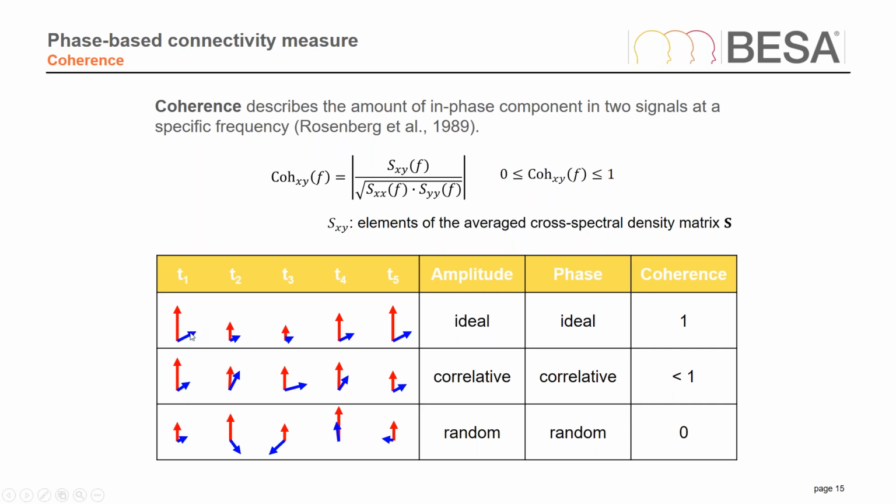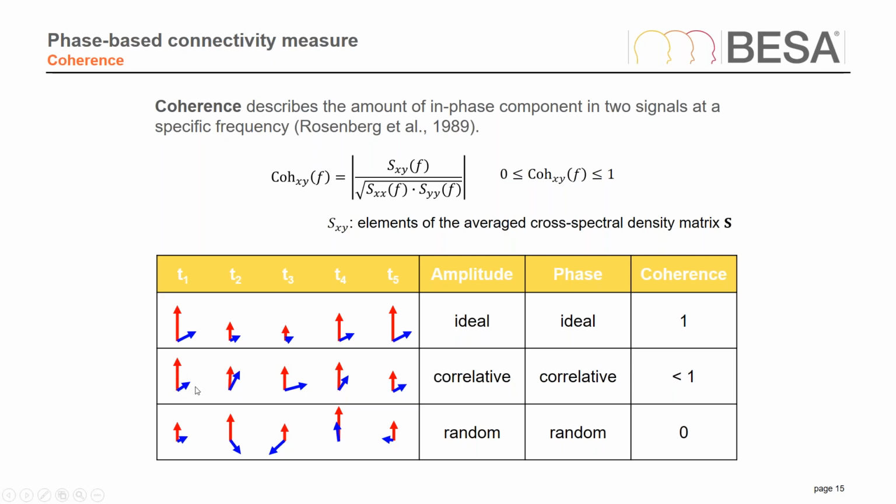So you can see that in this scenario, in the first row, whenever the amplitude of signal of channel X gets lower, also the amplitude of channel Y gets lower. The phase relationship is always the same. So we have an ideal correspondence between amplitudes and phases, and this will lead us to a final coherence value of 1 between them. And in the second row, we have another example where there's a correlation between amplitudes and phases.